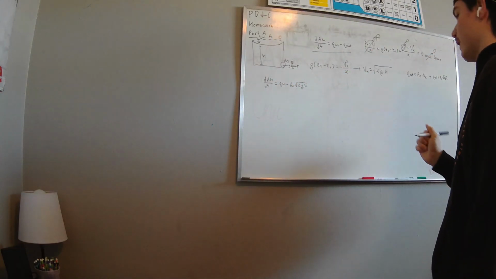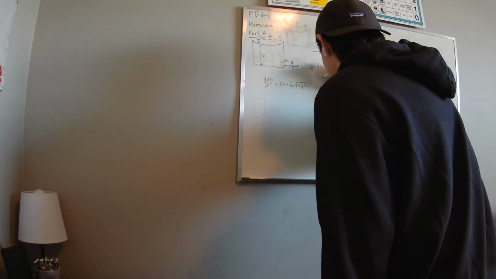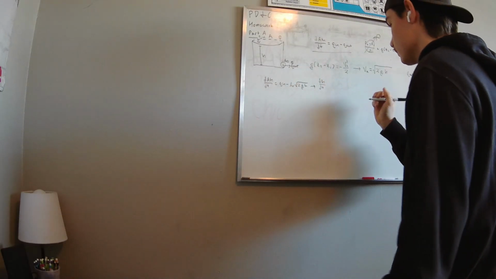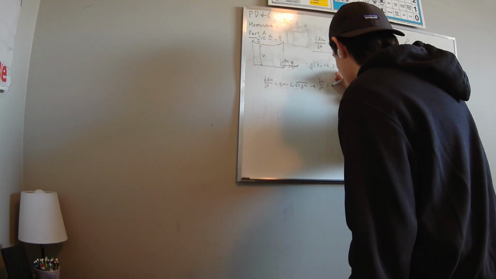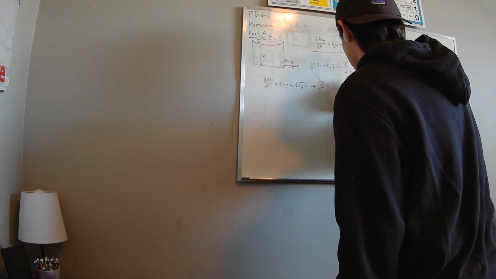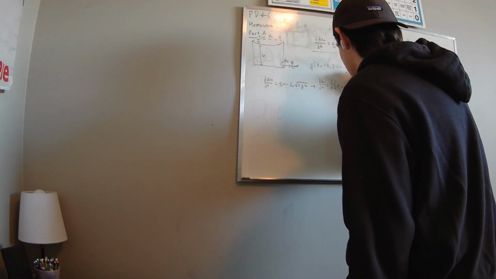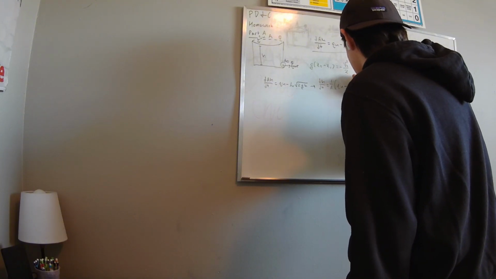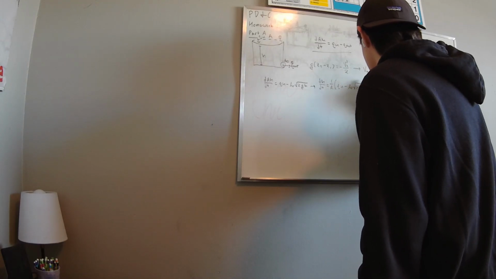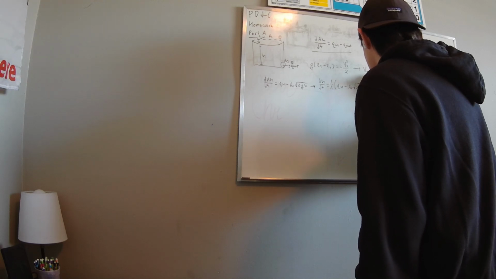And if we move our area over to here, we can get a useful differential equation of dH/dt equals 1 over A times (Q in minus A naught times the square root of 2G times H to the 1 half).